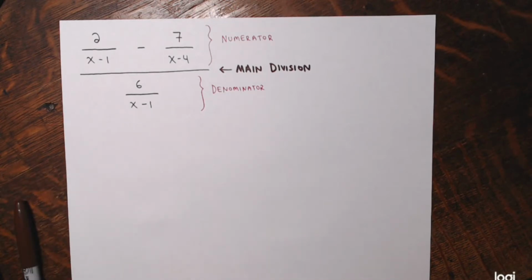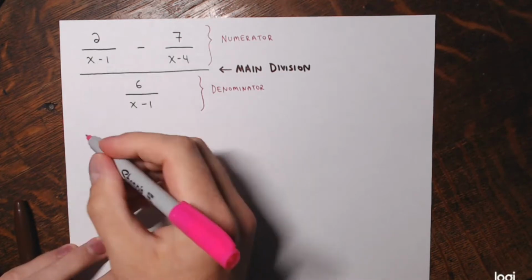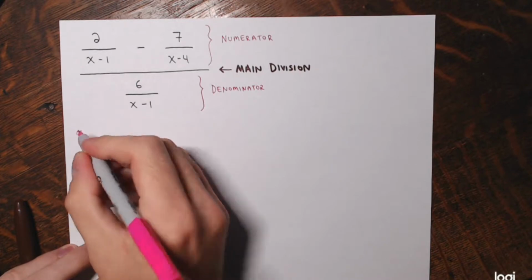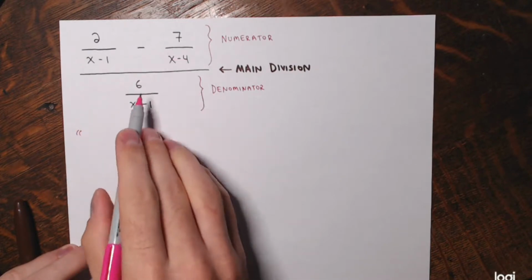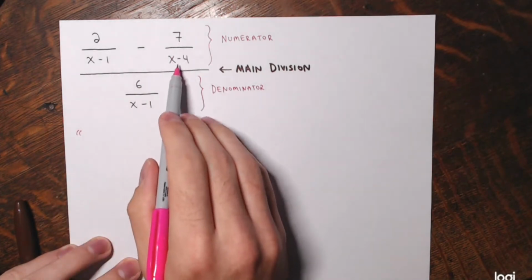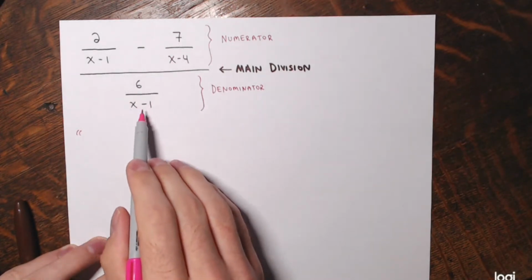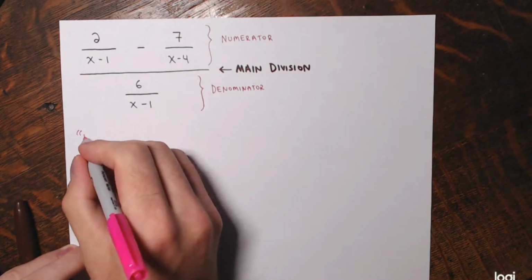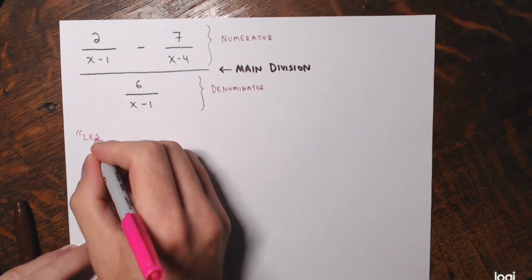And then, within the numerator and denominator, there are other fractions, right? Again, fractions within fractions. I'll call the denominators of these fractions, the 2 over x minus 1, the 7 over x minus 4, and the 6 over x minus 1, the "lesser" denominators.